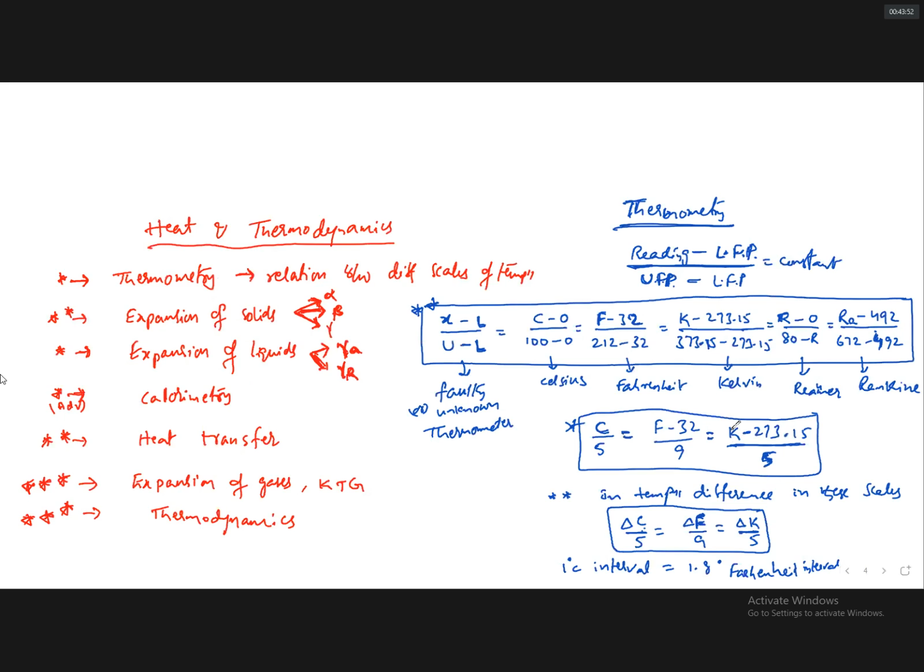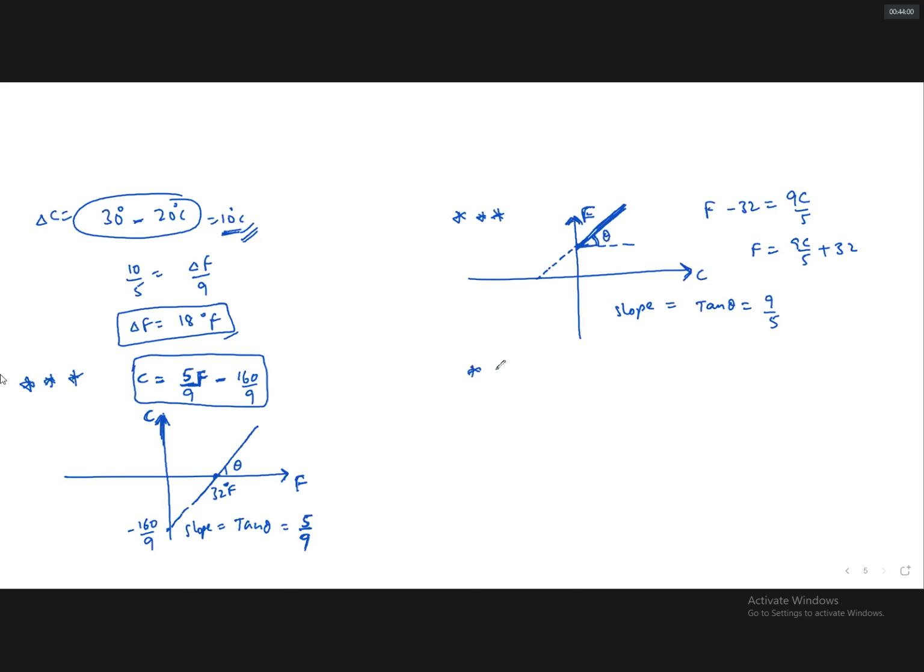If we draw the graph between Celsius versus Kelvin, by taking Celsius on the x-axis and Kelvin on the y-axis, K is equal to C plus 273.15. Then the slope of the graph we get as 45 degrees, since y is equal to mx, where the m value here is 1.